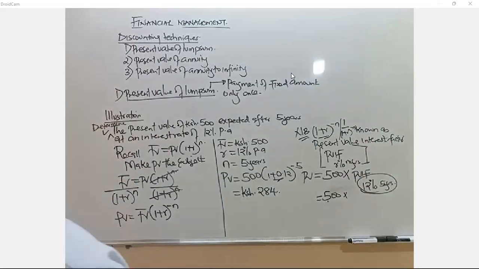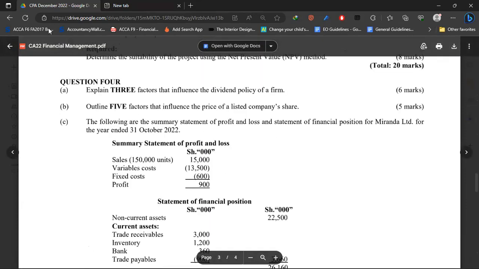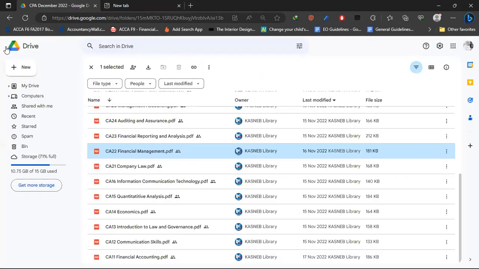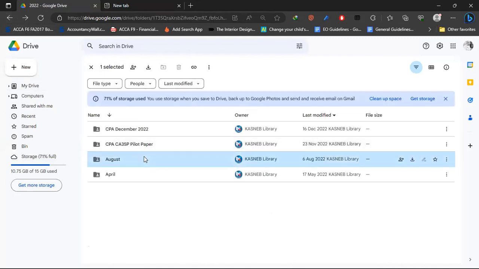If you can go to your table here, let me see whether I have opened any question that has a table. This one doesn't. Let me try whether I can get one. A minute, please, so that I can show you how it is normally done.